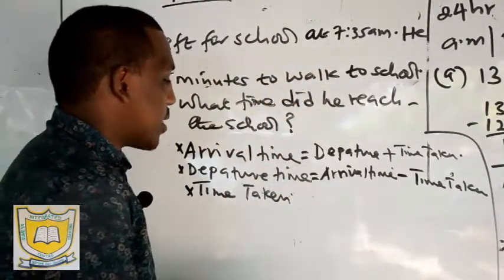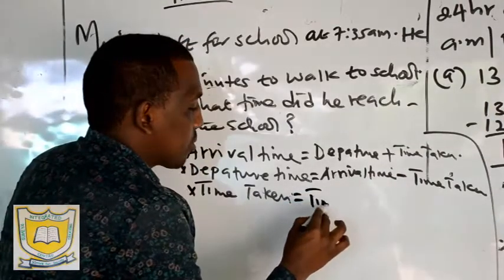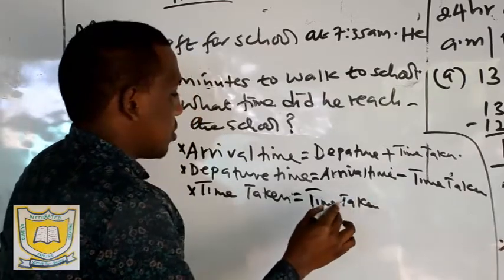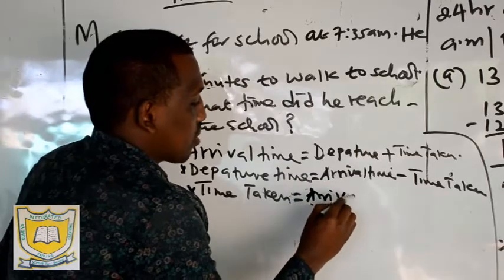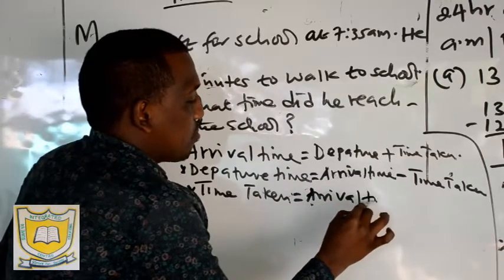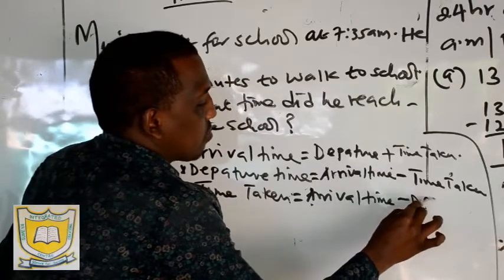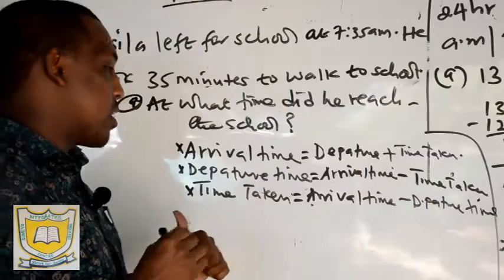How do we get time taken? Time taken is equal to arrival time minus departure time. That's how we get the formulas.